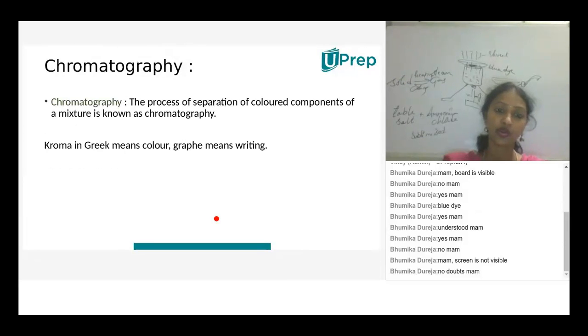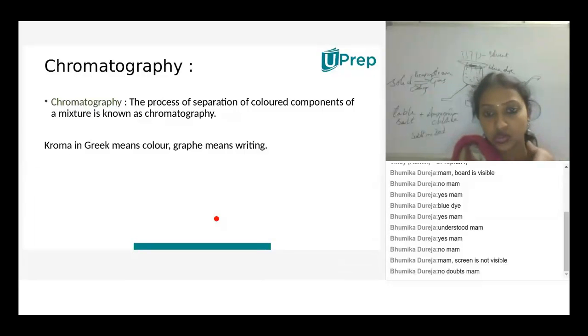Chromatography. What do you mean by chromatography? Chromatography is a separation technique, especially used when the sample is a colored sample. Only by seeing colored samples do we select chromatography. Chroma means color according to Greek, and graphy means writing or study.